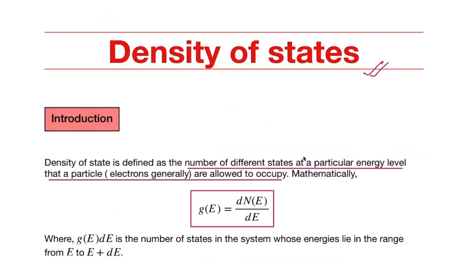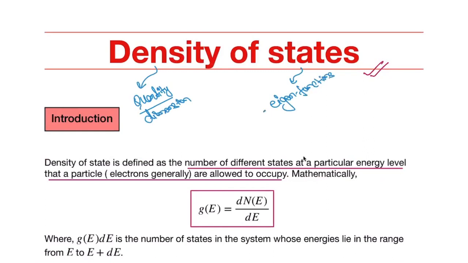समझते हैं क्या? Density basically means any quantity over the dimension that we all know. And state in quantum mechanics is what we know as eigenfunctions, right?